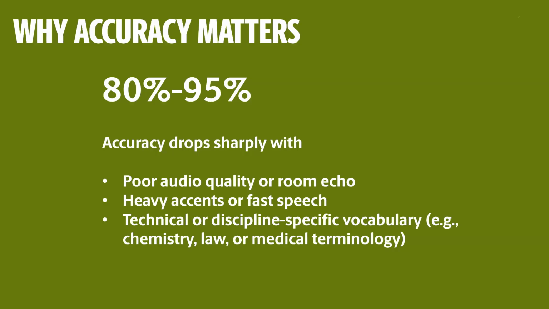But heavy accents can also mess with the accuracy. Or if you talk fast, I am purposely slowing myself down in my speech right now as much as I can because I am a native northerner and we talk fast as all get out. Technical, discipline-specific vocabulary also has issues when it comes to accuracy.